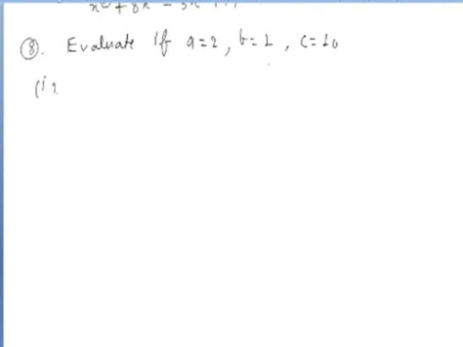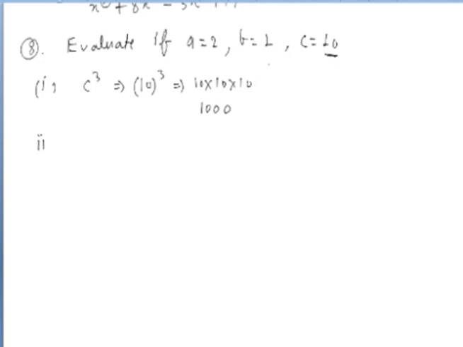It is very simple. Evaluate C cube. What would be the value of this term? So we know C is 10. So here just put the value of C as 10, and cube means multiply 3 times. So the value of this is 1000. Okay, and in this way we have to evaluate these terms.